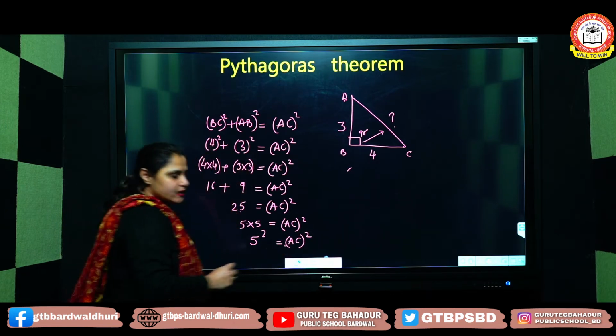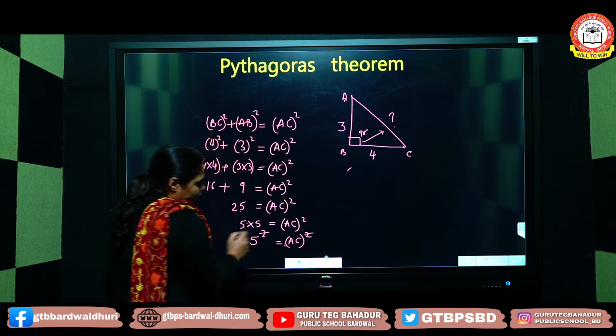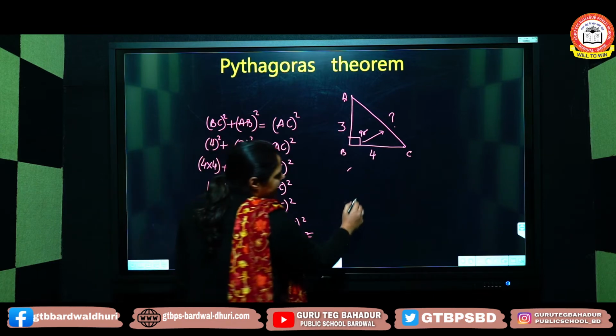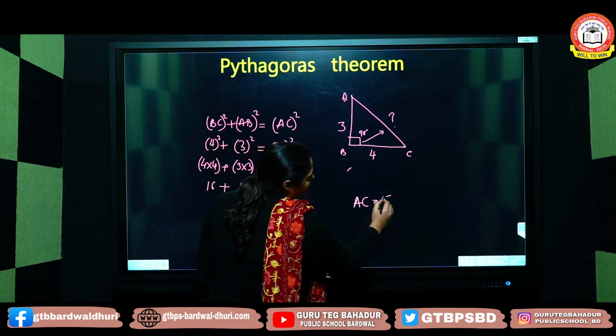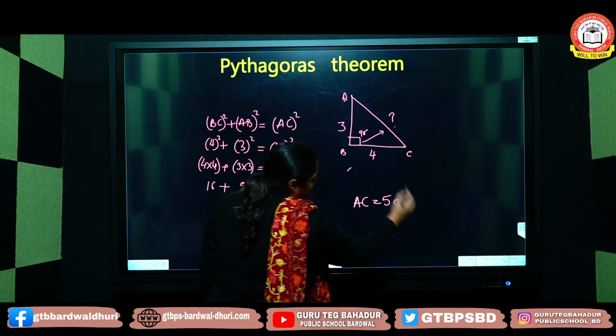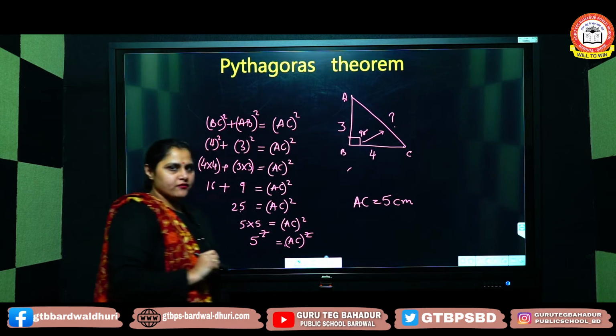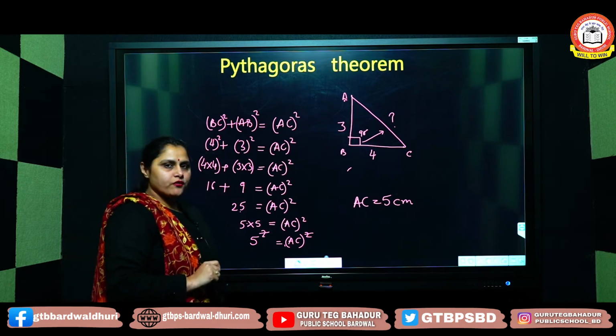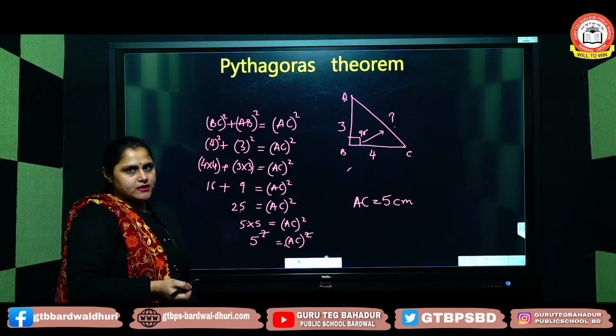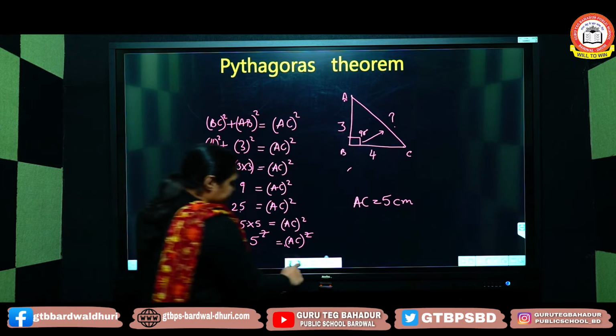Now I can cancel these two squares. So your AC is 5 centimeter. This is how, if two sides of any right triangle are given, by using Pythagoras theorem we can find out the third side.